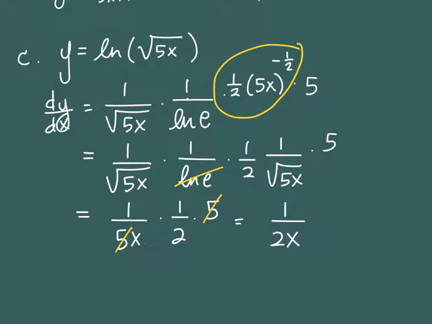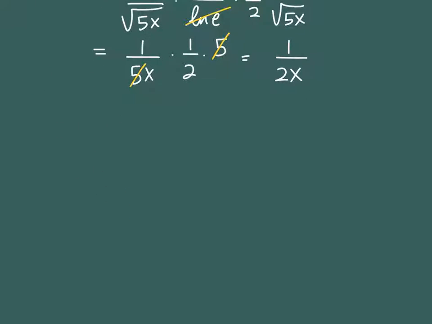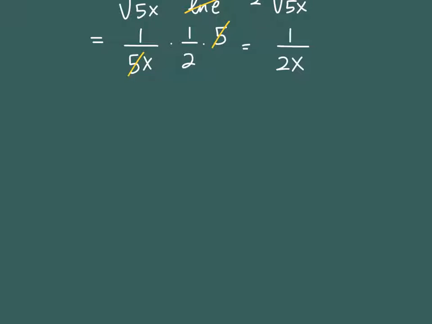All right, so now we're ready to answer the question, what do you do if you have a variable in both the base and the power? And so let's write it this way.